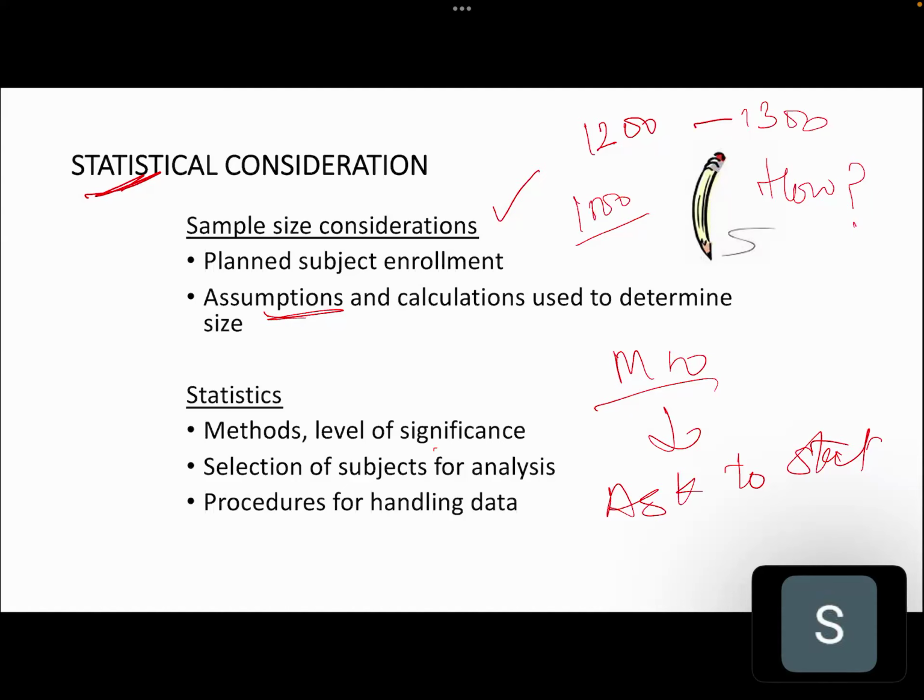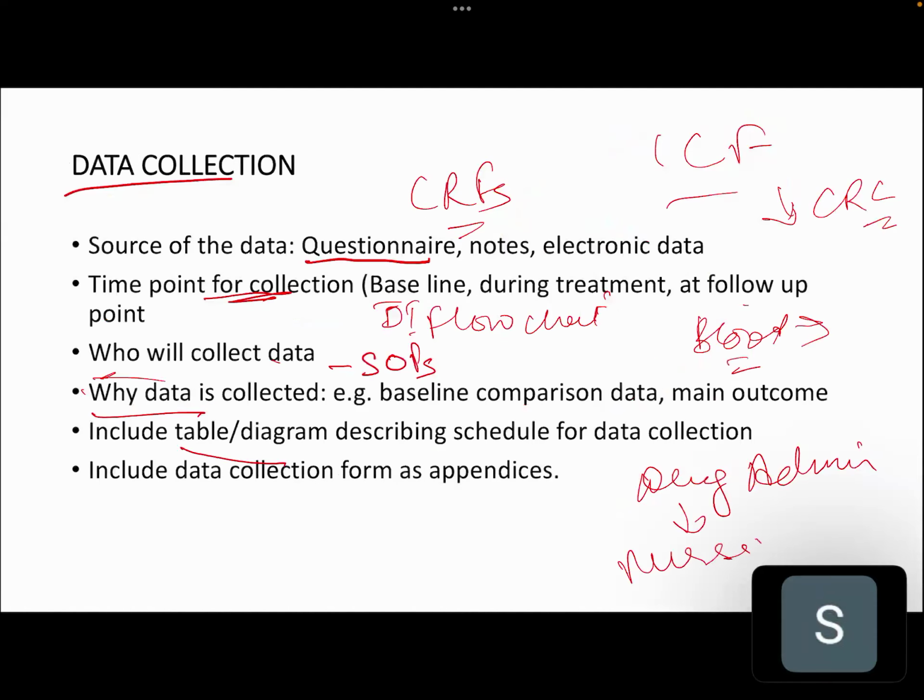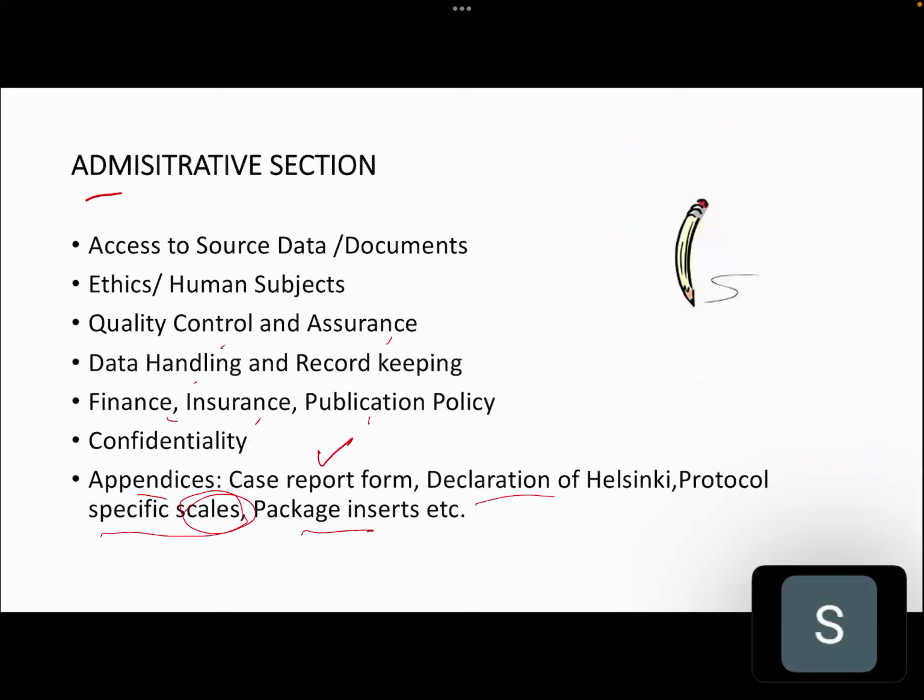Another example: publication policy. You don't know what statement you have to write. You must have some publication team. You send them a question: could you please check this?